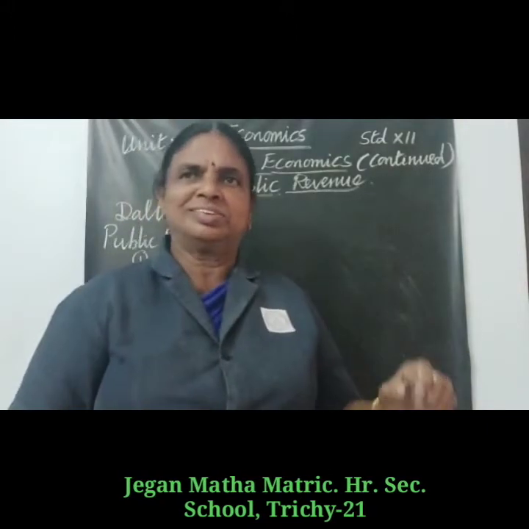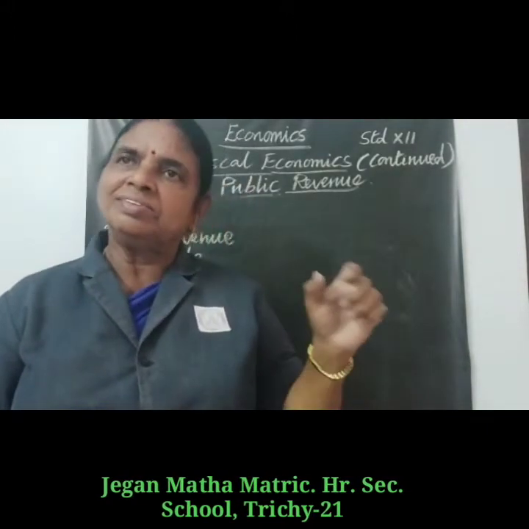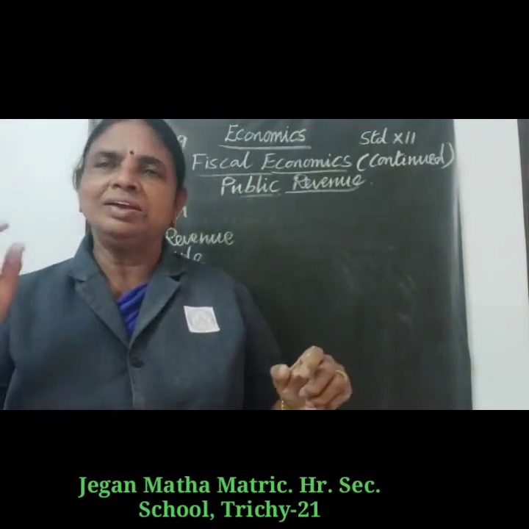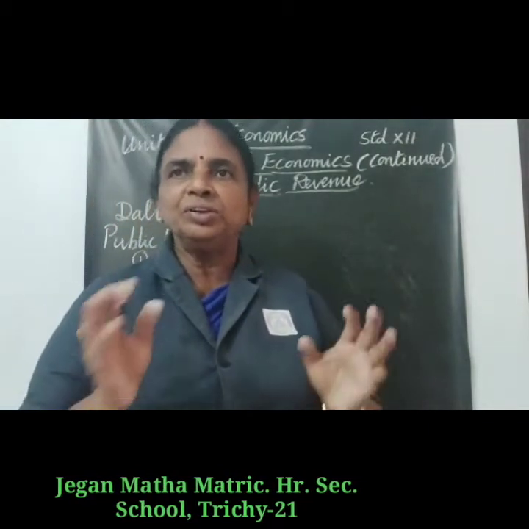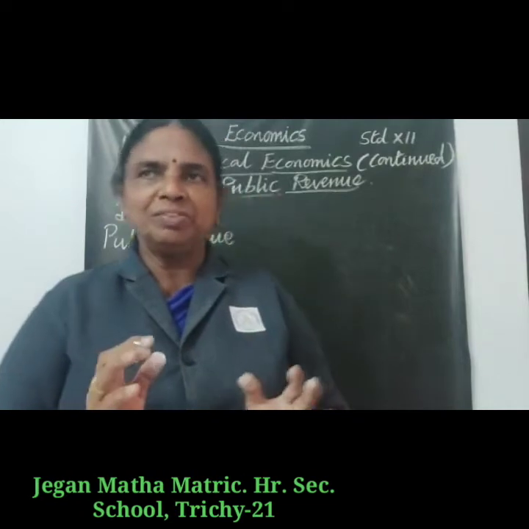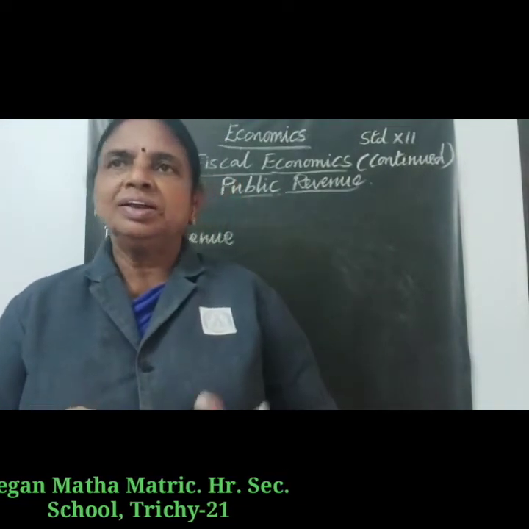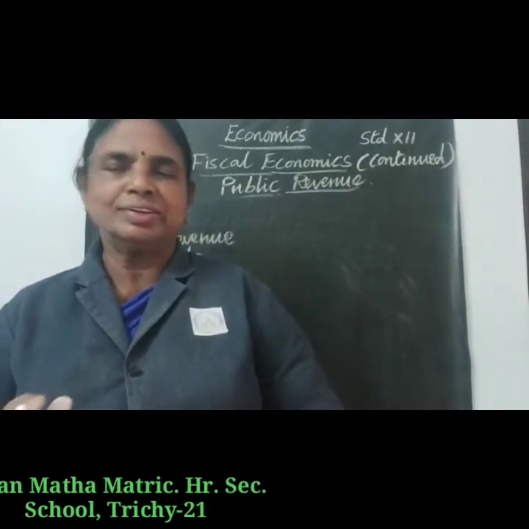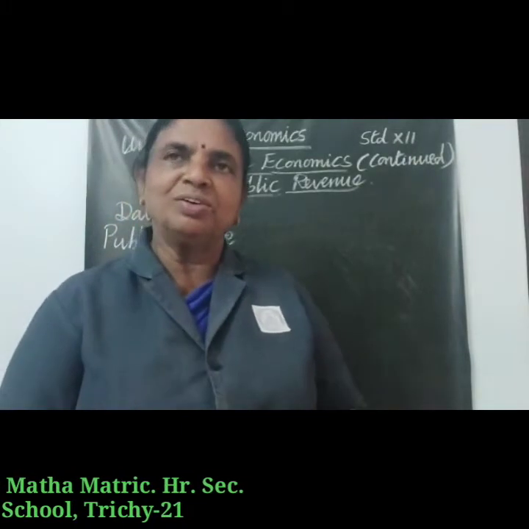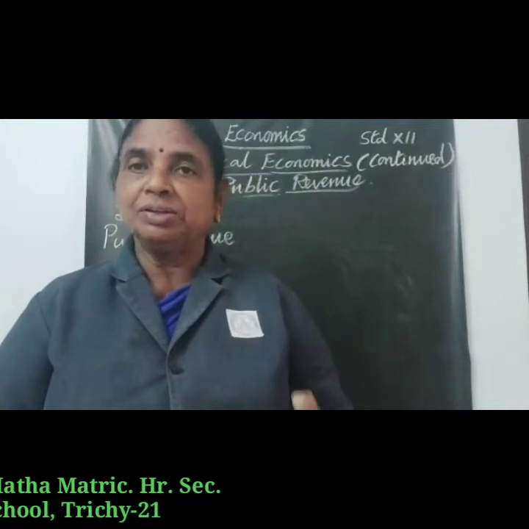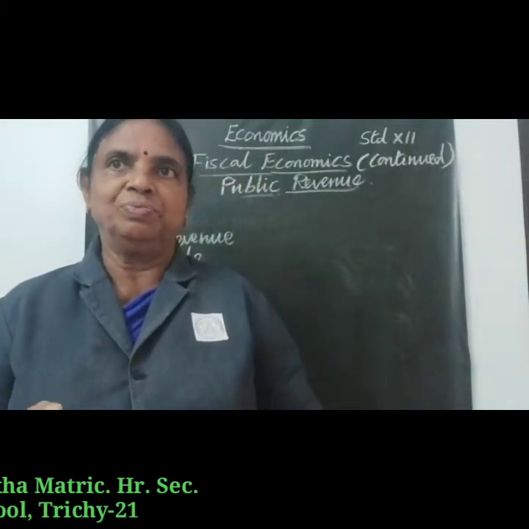The wide sense includes all the incomes or receipts which a public authority may secure during a particular period of time. It is known as public receipts. It also includes loans raised by the government.